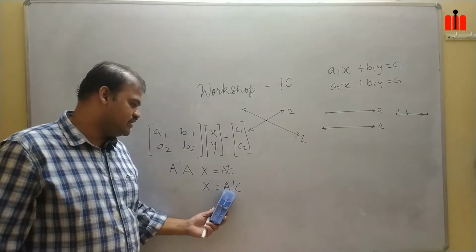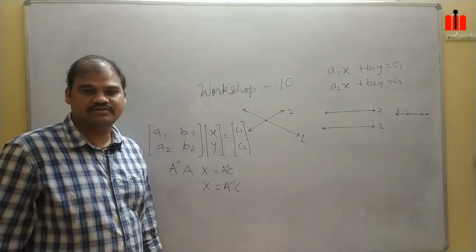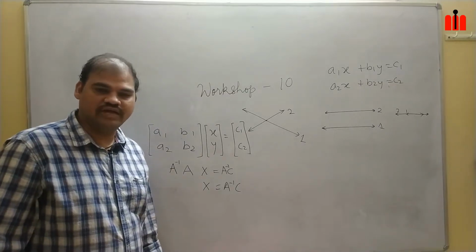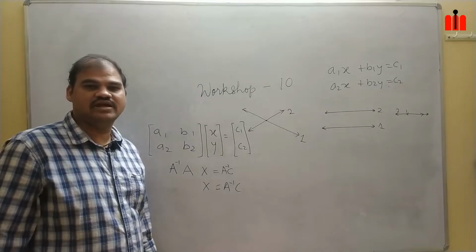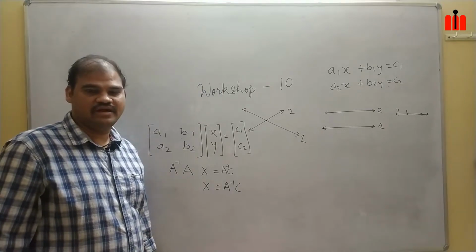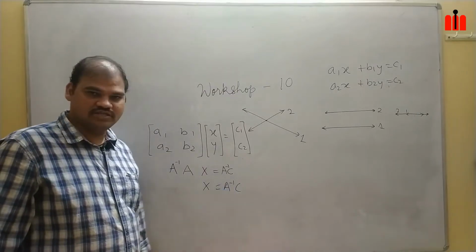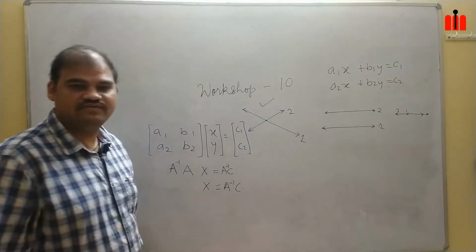How I can tell it depends on A is, here I had written it as A inverse. Is it possible that all matrices are invertible? No, right? Whenever the determinant is 0, then it is non-invertible. So whenever A inverse is possible, we will have this condition. That means we will have a unique solution.